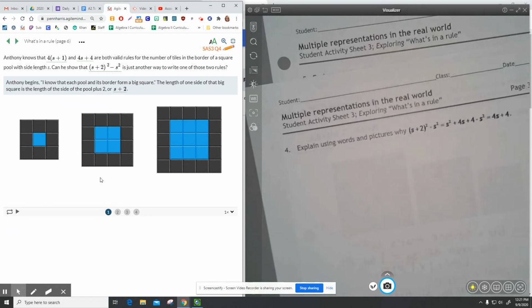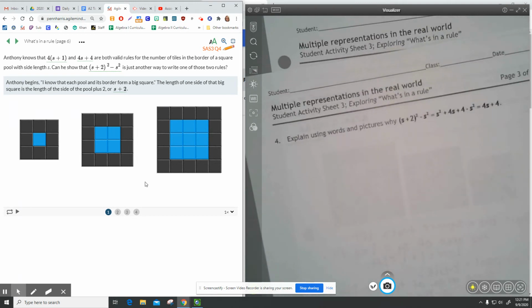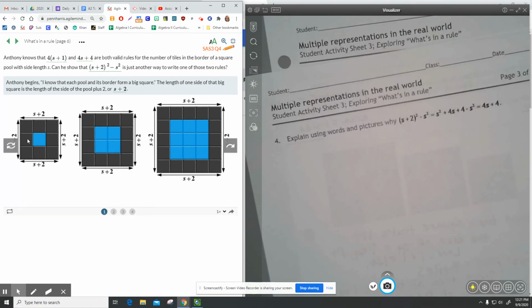So what they're trying to tell us is that with our biggest picture here, there's a bunch of different explanations. So let's just start going through this a little bit. They want us to take apart each one of these. We know that a side in this case was just s. My side here was 2 things long.